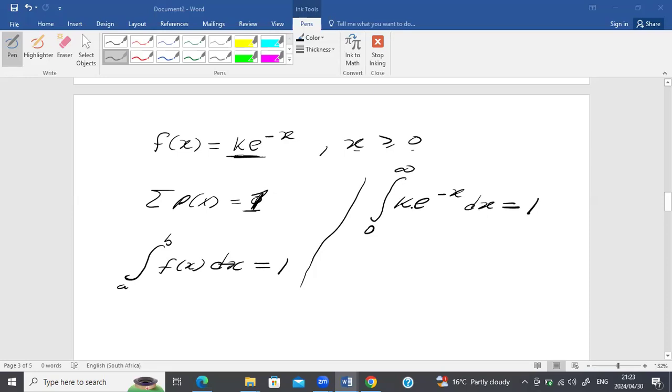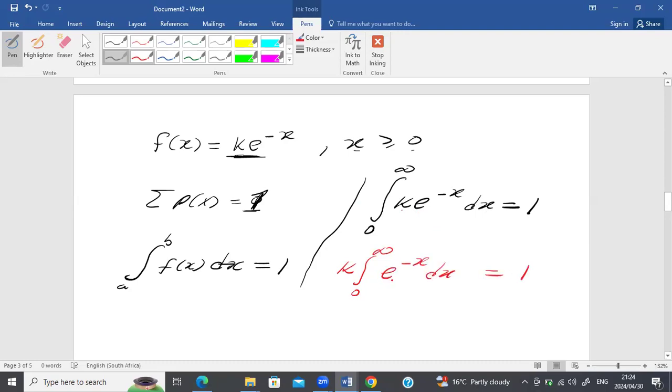Then what you do is integrate this. In case you missed it last year, k is a constant, so you can bring it outside the integral, and then you have the integral from 0 to infinity. You just need to integrate this with respect to x, then equate to 1.